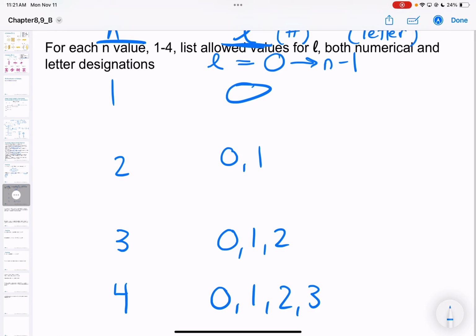So what I'm hoping is that by the end of this, you are conceptually understanding the storyline that goes throughout chapter 8: this change in how we viewed light that led to a change in how we viewed the electron, that led to this idea of the electron only being allowed certain energies. That was verified by the emission spectra.